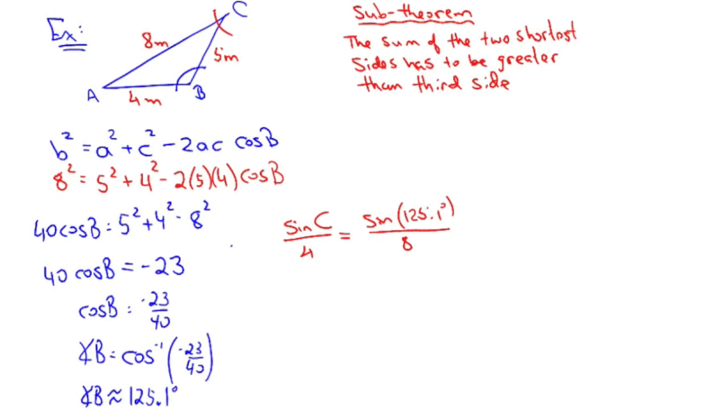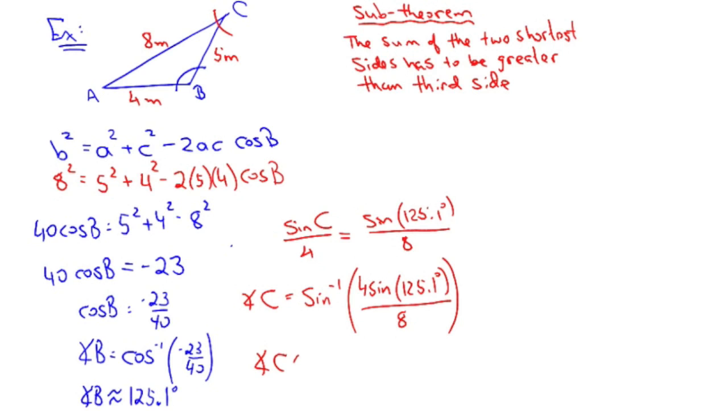Then do the same thing that we did earlier: move the 4 up, sine inverse both sides, so you get measure of angle C is equal to sine inverse of 4 sine 125.1 all over 8. Whatever that comes out to be, 24.1. And then to find the third angle, add those two together and subtract from 180.